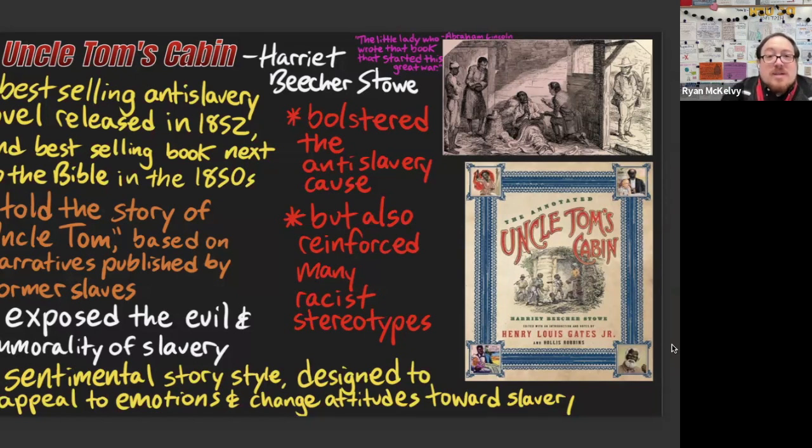The story of Uncle Tom is basically taken from the narratives of escaped slaves she interviewed and talked to and looked over, even Frederick Douglass's story, to help create the story. And the idea is to try to make you feel sentimental, to try to make you feel bad for the slaves.